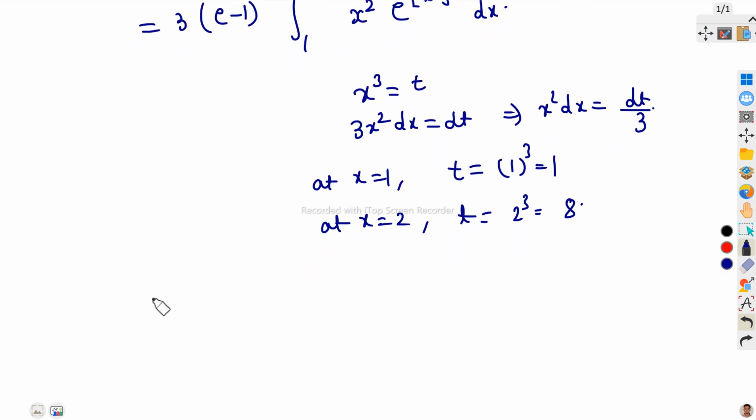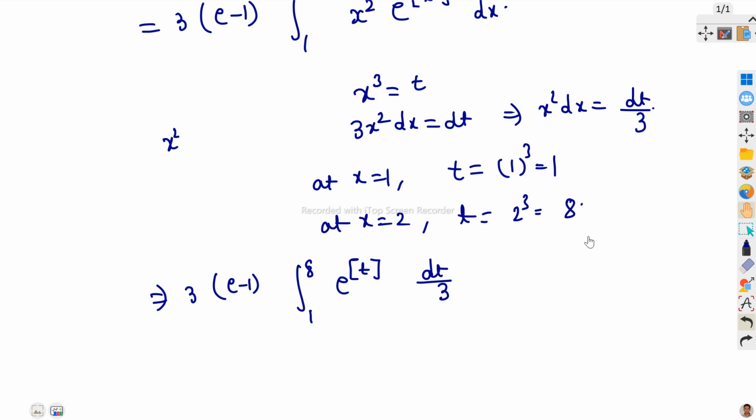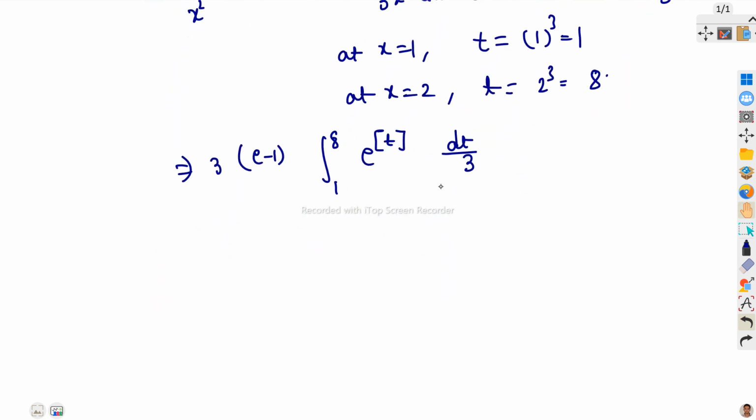So this integral can be written as 3(e − 1) times the integral from 1 to 8 of e^([t]) with x² dx replaced by dt/3. So this is 1/3, which is a constant, so we can take it outside the integration.